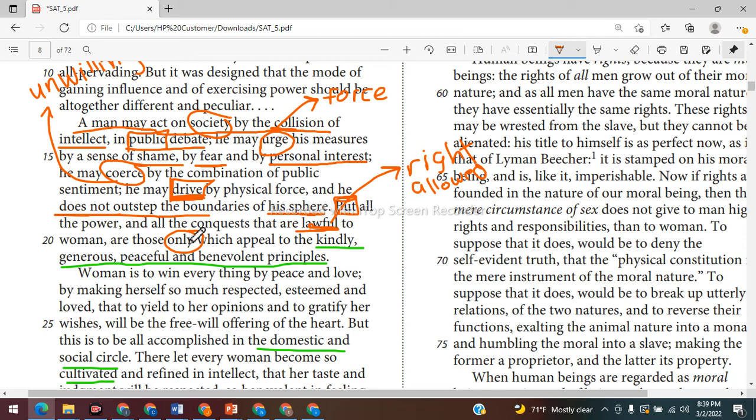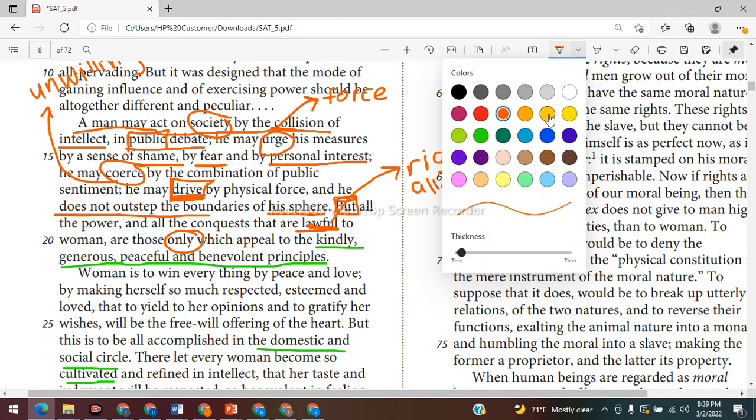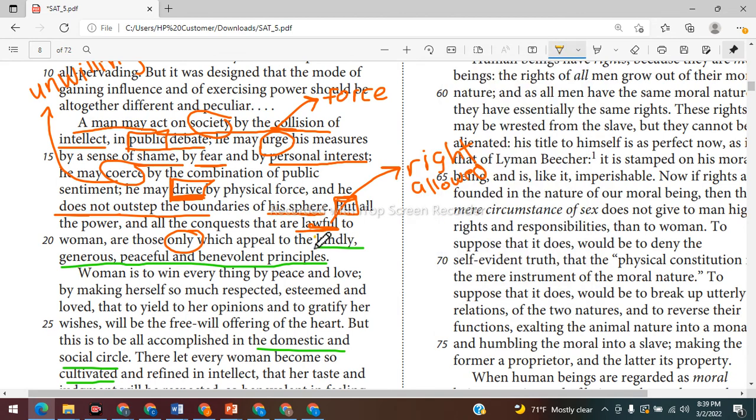You see, but all the power and all the conquests that are lawful to women are those only which appeal to the what? Help me out. Kindly. Appeals to the kindly, to the generous, to the peaceful, and to the benevolent principle.